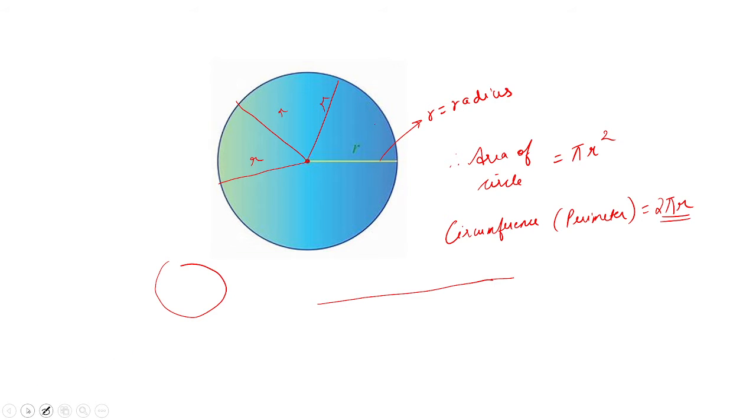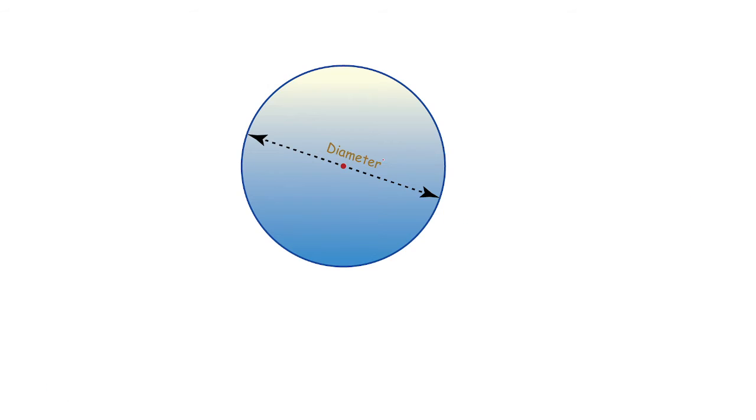Next we shall move on to what a diameter is. Now this is called the diameter, clear? See, if you draw a straight line from one end and then to the other end, this becomes the diameter of a circle. And the diameter of a circle is equal to 2r, clear? Up to this much is 2r, okay?